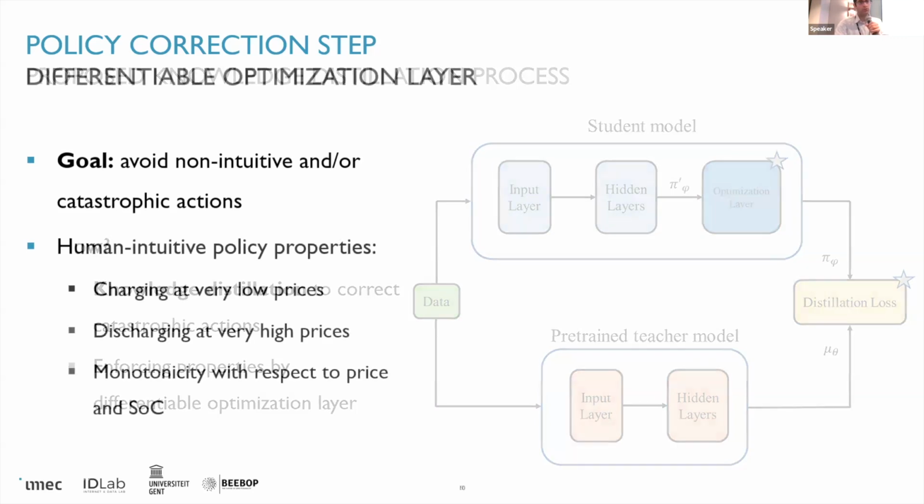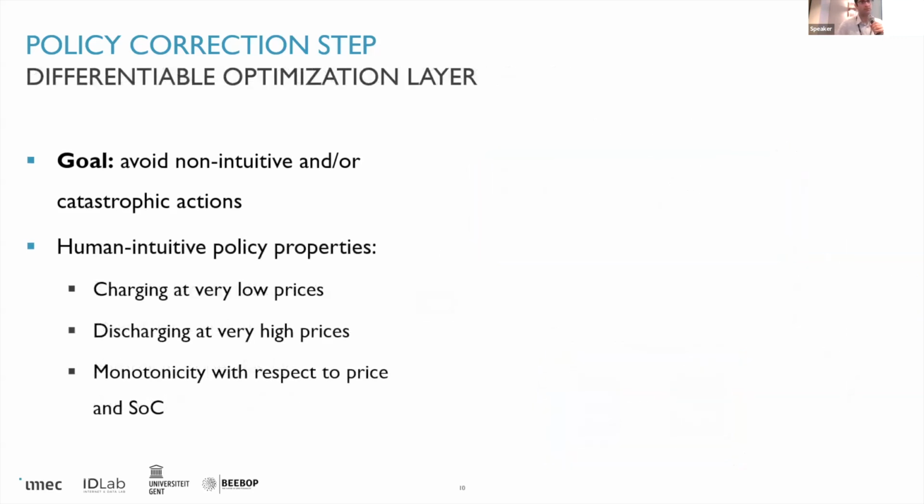And if I want to focus on this differentiable optimization layer, first we need to define what exactly the human intuitive properties for a policy are. So we came up with three properties. The first one is obviously charging at very low prices. The second one is discharging at very high prices. And the last one is that the policy should be monotonic with respect to price and SOC.